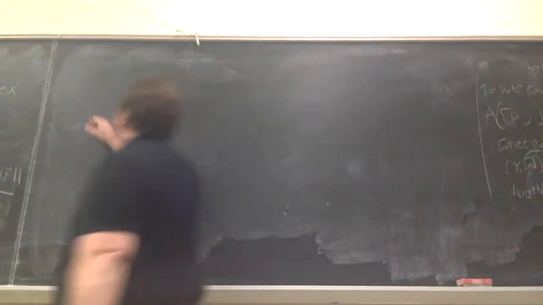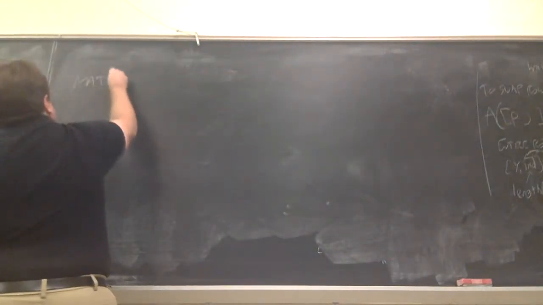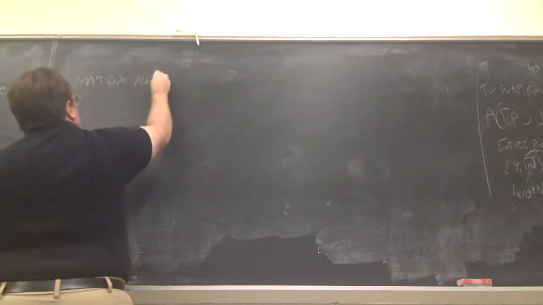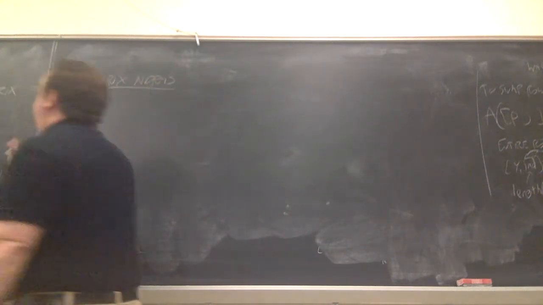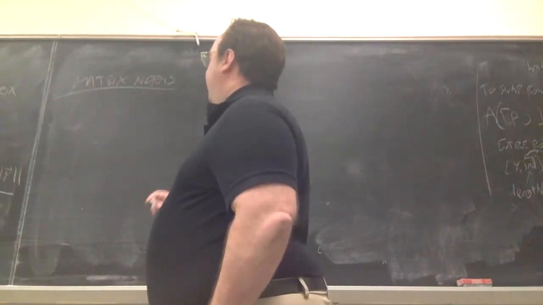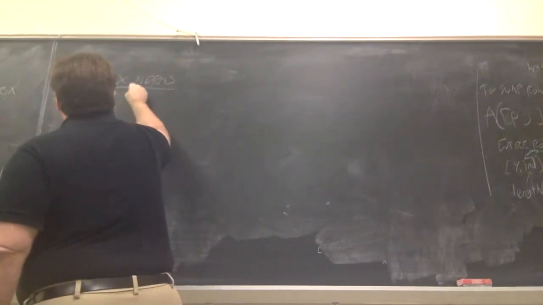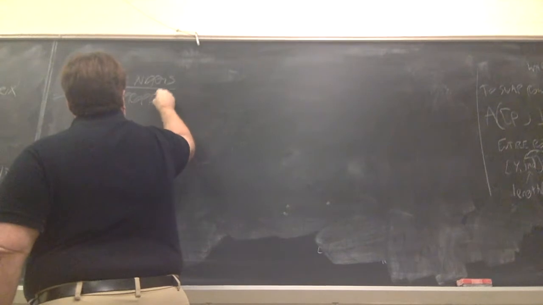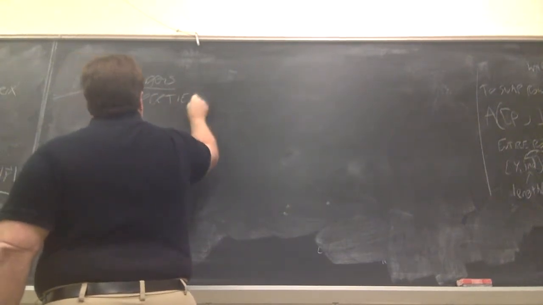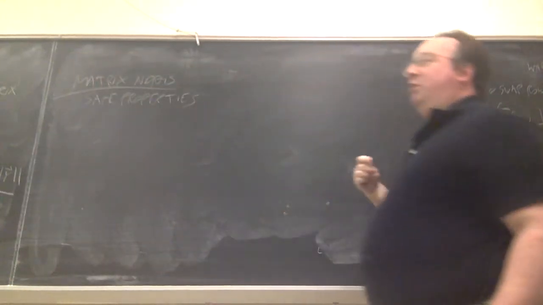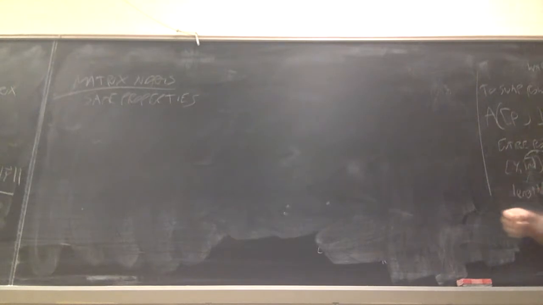All right, matrix norms are built on vector norms. They have the same properties as vector norms, as in they have to be non-negative. The norm of a matrix is only 0 if the matrix is 0.